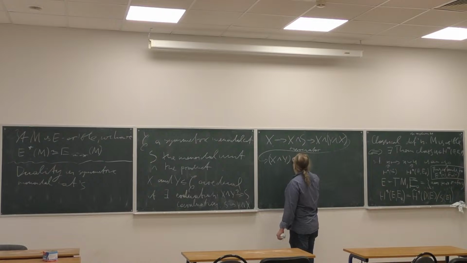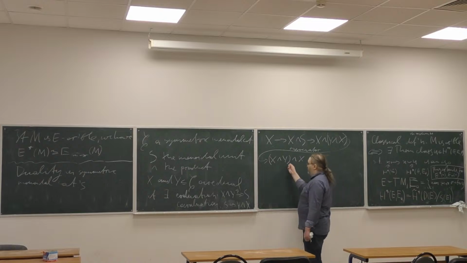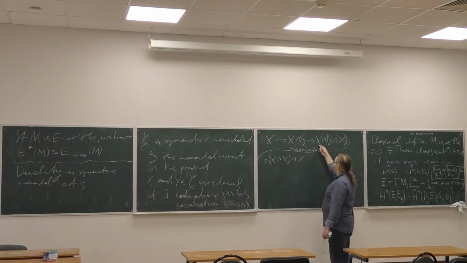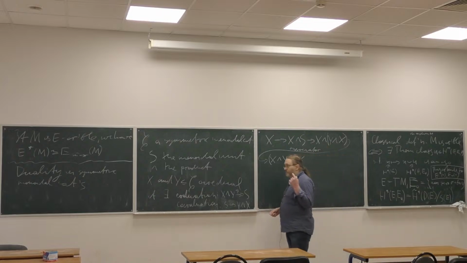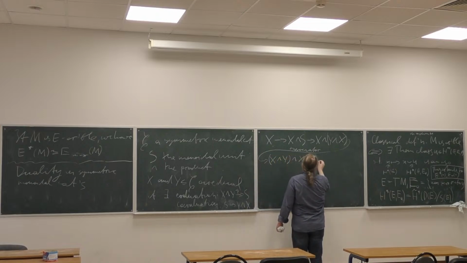Then I apply the associator map, and I basically transfer the parentheses one step to the left. And then I apply the evaluation map.